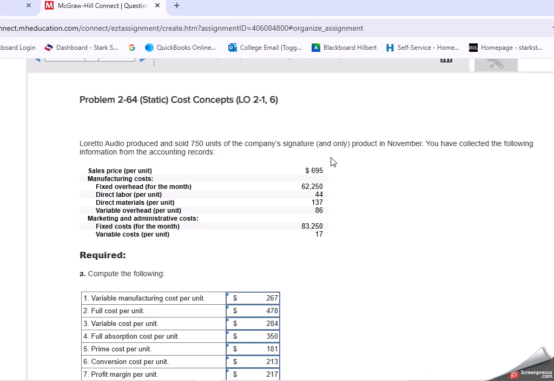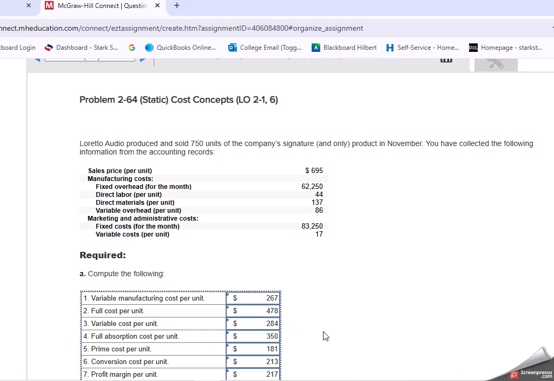So that full cost is everything, again, though calculated as a per unit basis. Then our variable cost is same as our variable manufacturing, but now we're going to add the variable selling, that's $17 to bring that up to the $284.